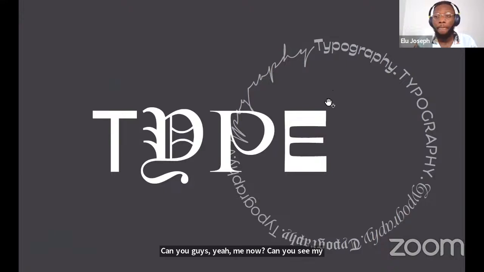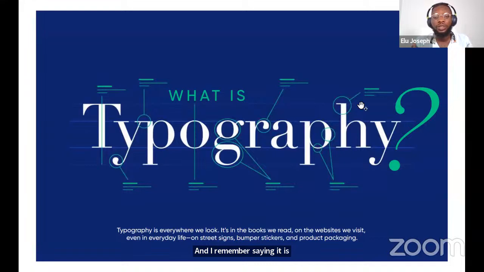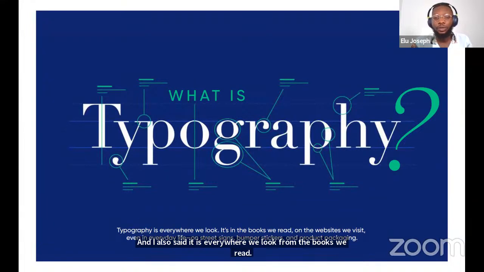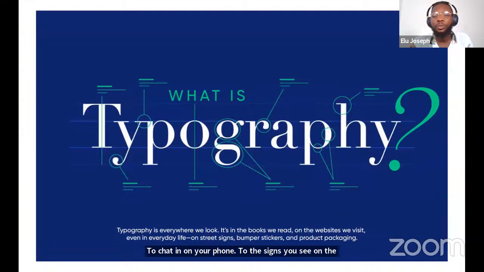Okay, cool. All right, so we talked about type, and I remember saying it is just simply the use of text. And I also said it is everywhere we look, from the books we read to chatting on your phone to the signs we see on the streets and a lot of other places.